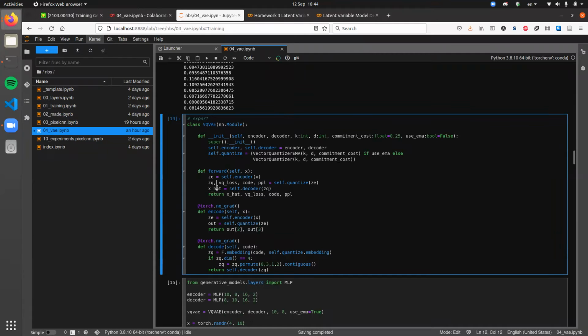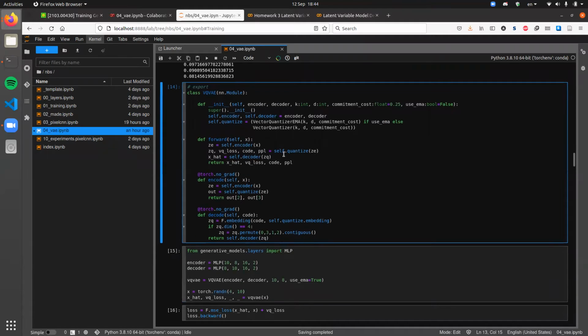Then we have the reconstruction of an image. So you can see that this is very similar, but instead of the reparameterization we used in the variational autoencoder, here we use this quantize operation. And we have a different loss associated with it, but the reconstruction part is essentially the same.